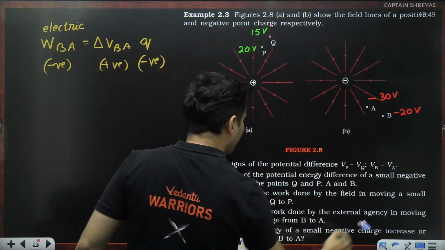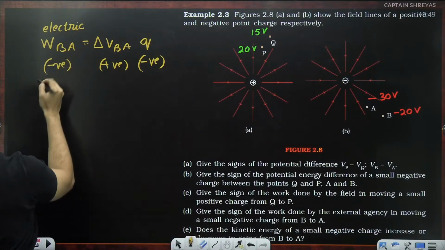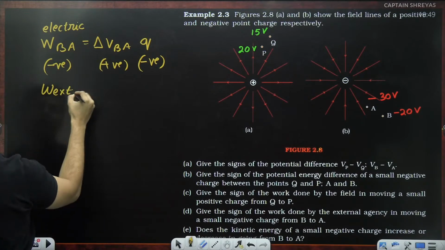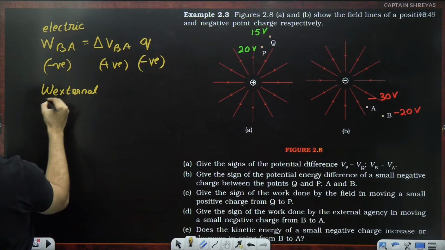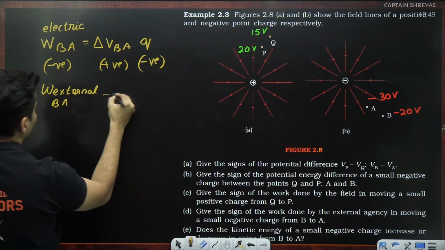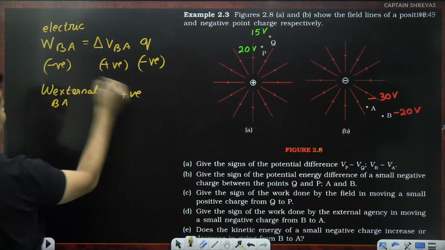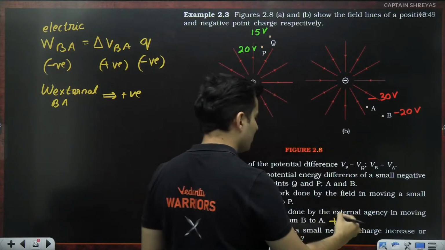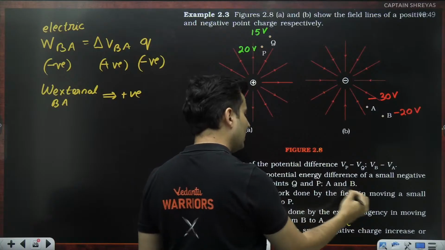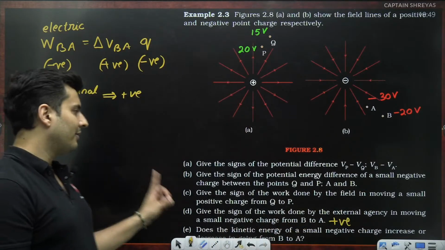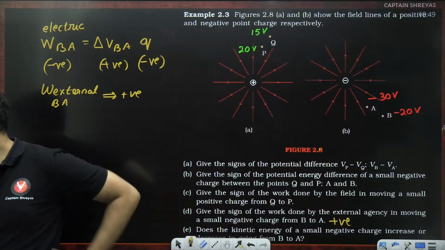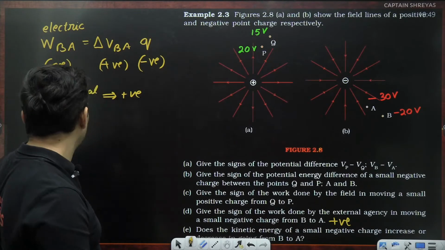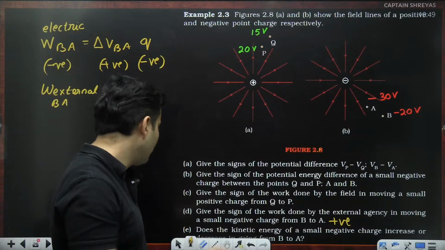So if this is the work done by the electric field, then the work done by the external force in moving it from B to A would be the negative of that. So it will be positive. This answer will be positive. This was external; in the previous question, it was by the field. I hope this is clear. If it was asked by the field, the answer will be negative. If it is asked by the external agent, it will be positive.